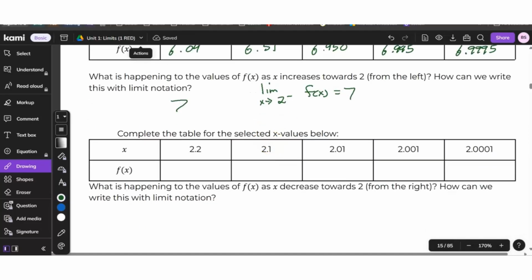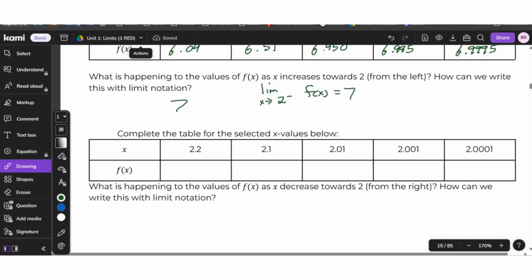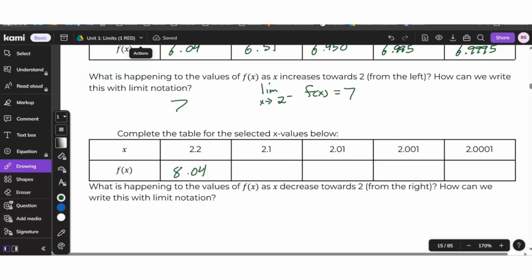All right. So let's do the next one now. Now we're approaching it from the right-hand side. So I'm going to start with like 2.2. And I get 8.04. We use the same equation as the other. Yeah, so it's really easy to do this in Desmos, guys, if you look, right? Because I write out the equation and all I do is I change it, right? So now I get 7.51.